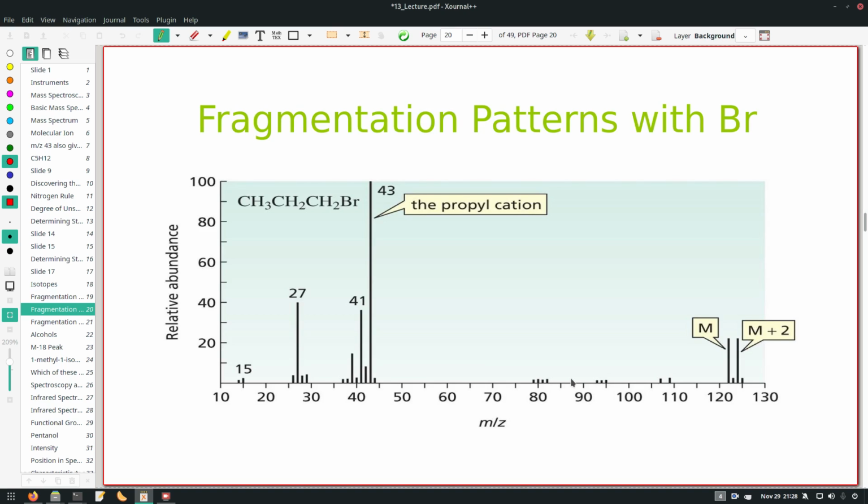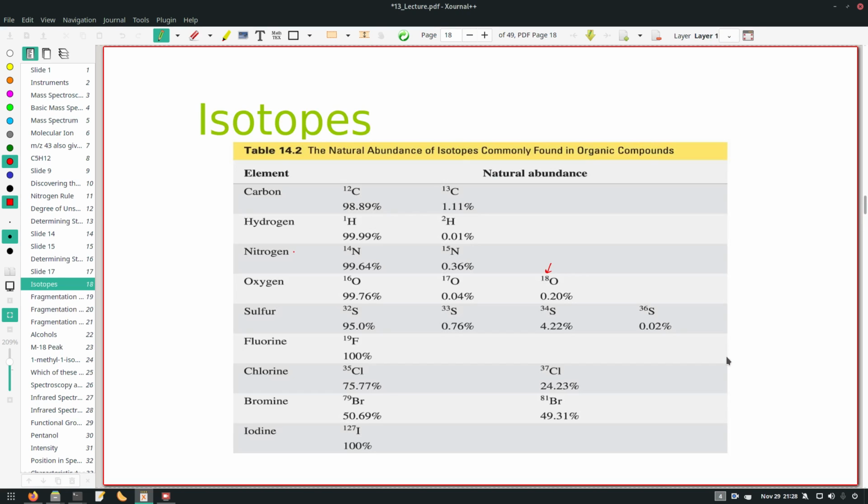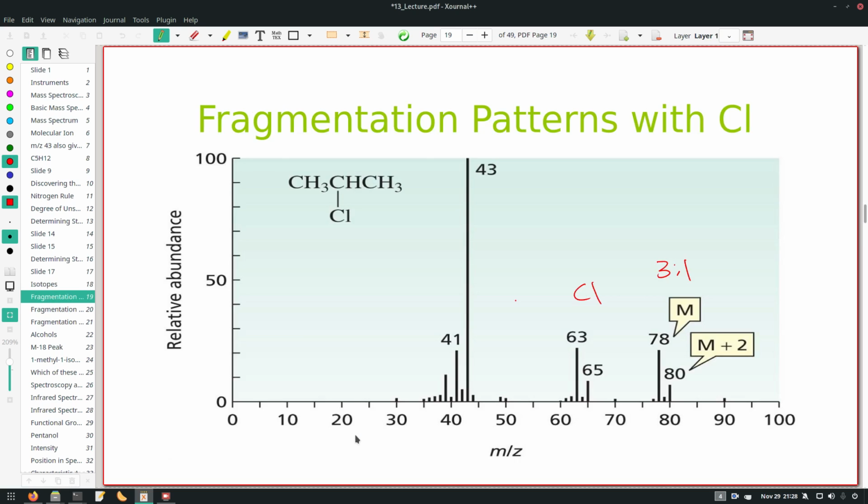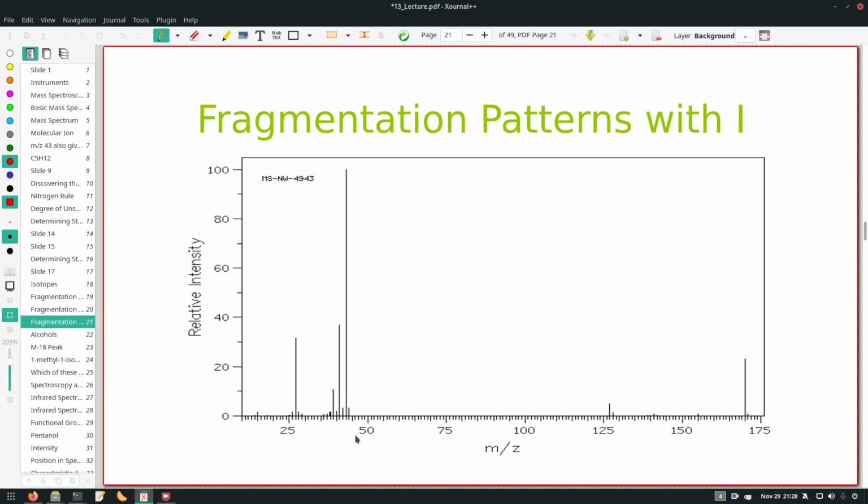And if I were to look at bromine, I see the same type of thing, except now the parents are equal, because it's a 50-50 ratio. Now, if I back up to my isotopes, see the iodine really only shows one isotope. Fortunately, it is easy to tell if it's present.